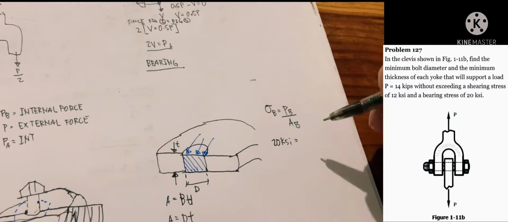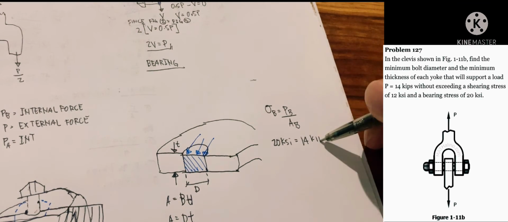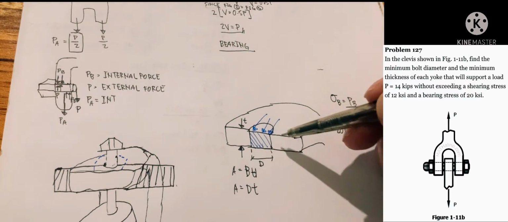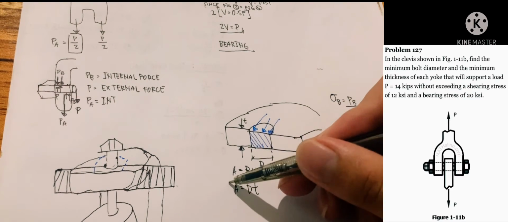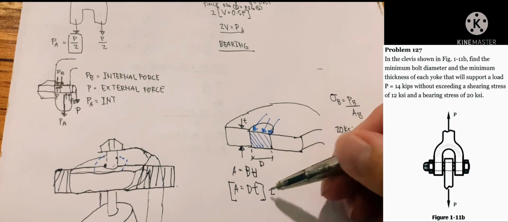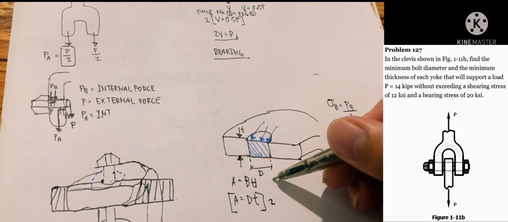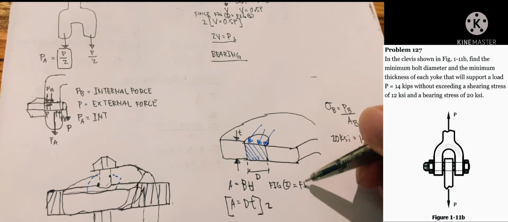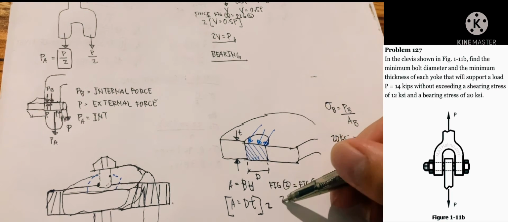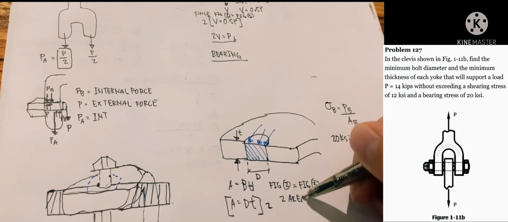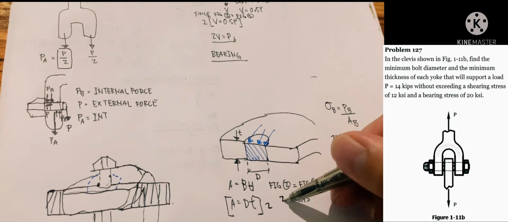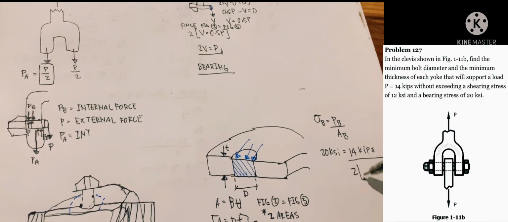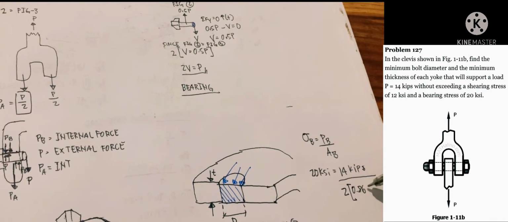So our P sub B is 14 kips, and our area is D multiplied by T, which is, if we consider the other side or the other part of the clevis, we would need to consider two areas, because the section that we cut only considers a single side.